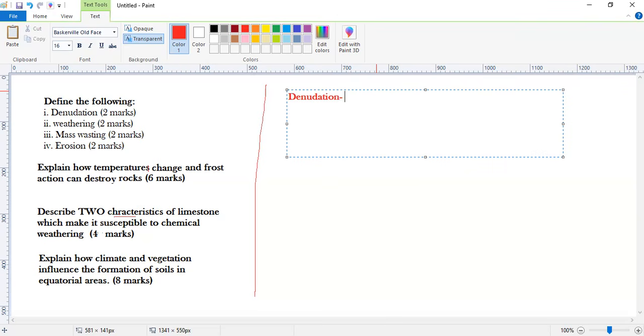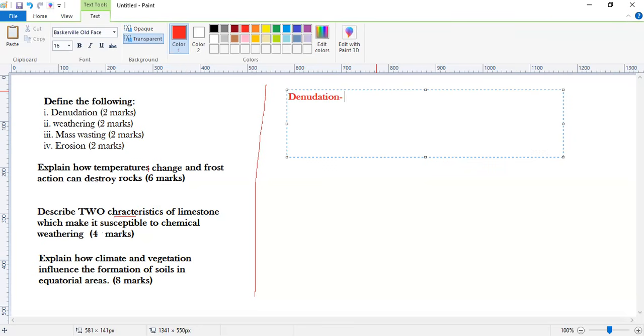So if you familiarize yourself with the syllabus, when you get your questions, if you try to make a connection between the question and the topic, it would be easier for you to interpret the question and give a good response.